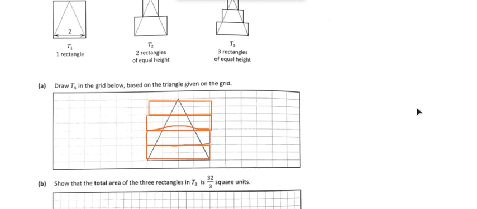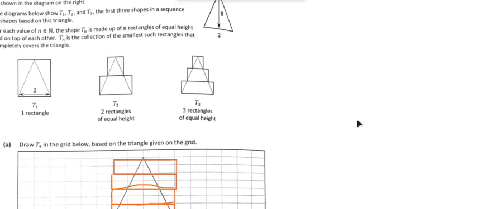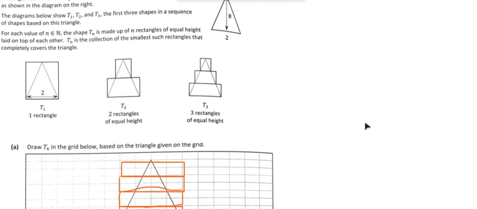So if you look at T3 there, if you just look at the bottom rectangle on it, just look at the length of that rectangle. The length will be the same as the base of the triangle, so that'll just be 2.